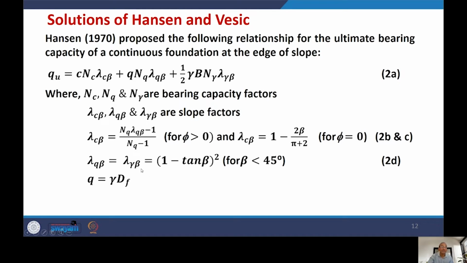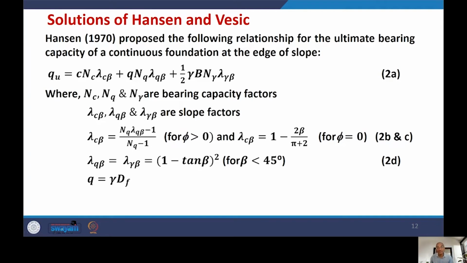If we substitute these numbers, lambda c beta is given from this relation, while lambda q beta and lambda gamma beta are given from this relation, 1 minus tan beta squared, for beta less than 45 degrees. If it is greater than 45 degrees, then we have a different treatment.